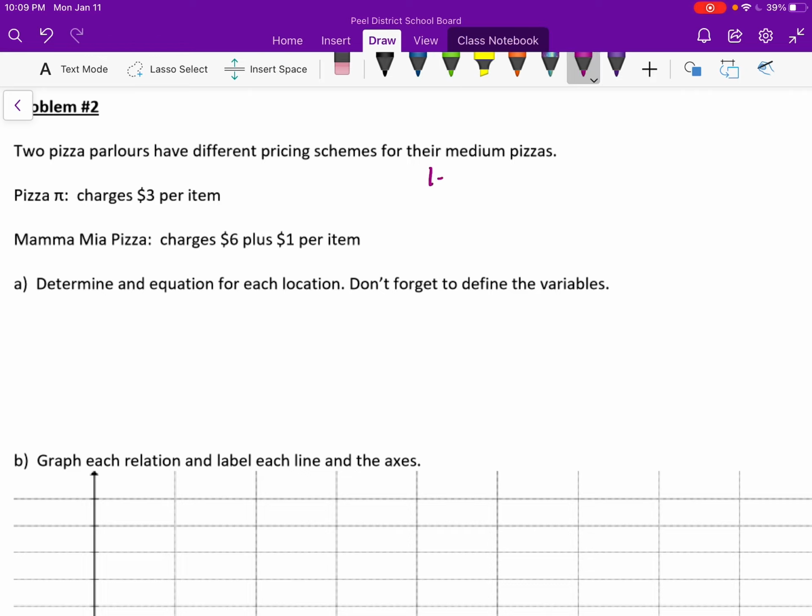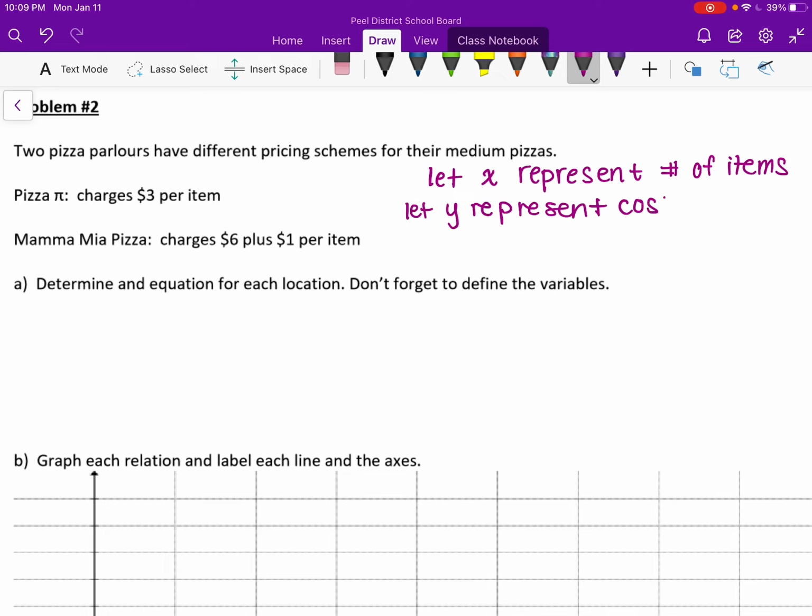So let x represent, you could have used t, you could have used whatever variable you wanted. So I'm going to say let x represent number of items, right? And then let y represent cost.